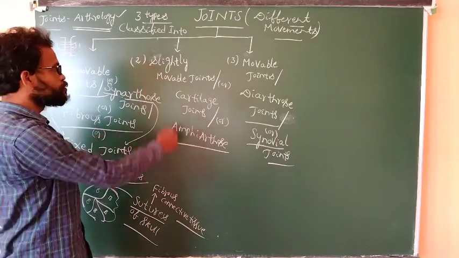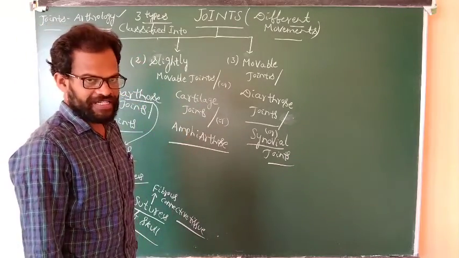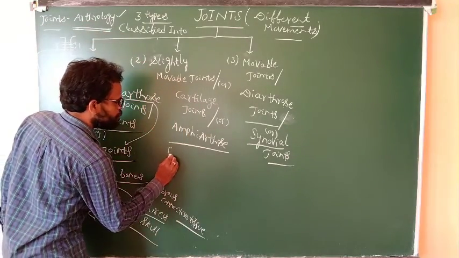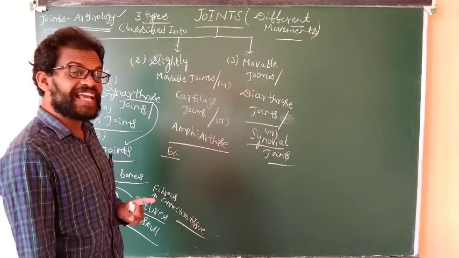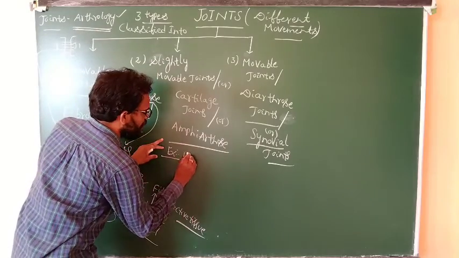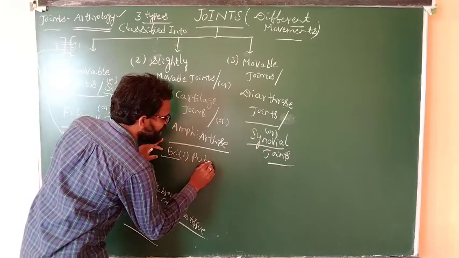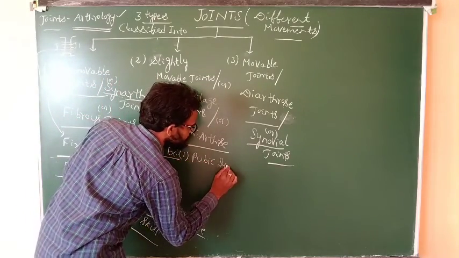Coming to the slightly movable joints. What is the example for the slightly movable joints? The first example, pubic symphysis.